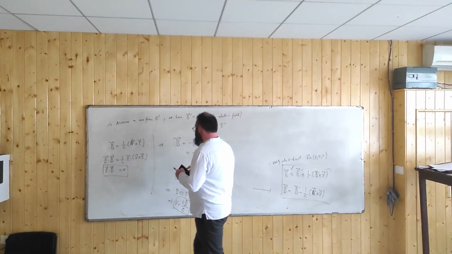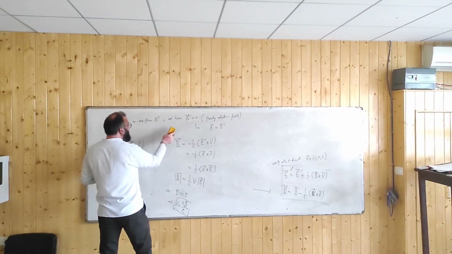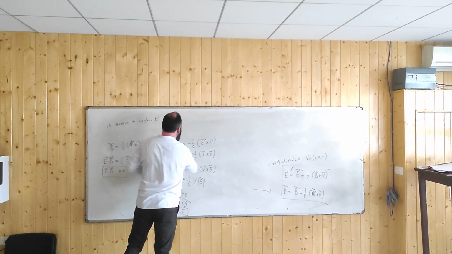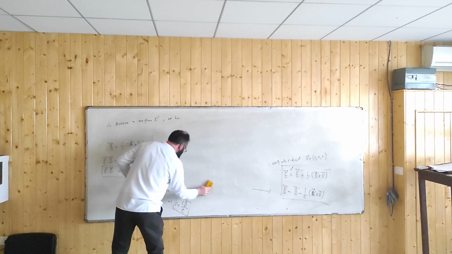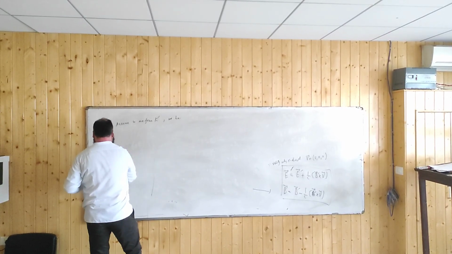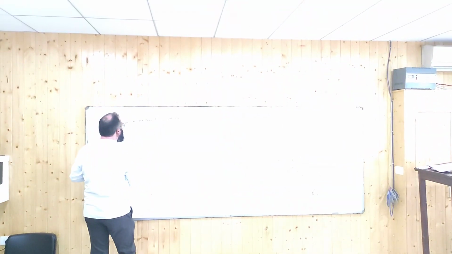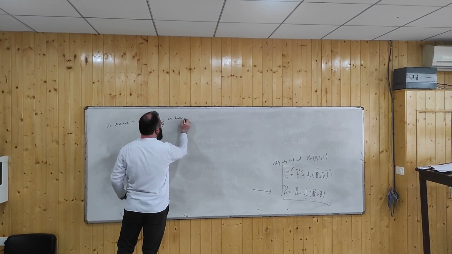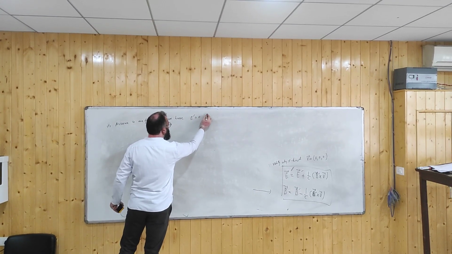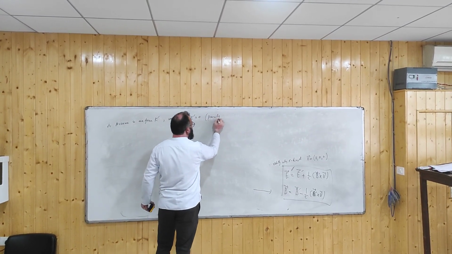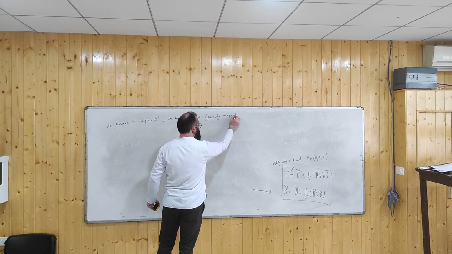Okay, so now if you have E prime equal to 0, let's say it is the second case. So E prime is equal to 0. That means what? Purely magnetic.